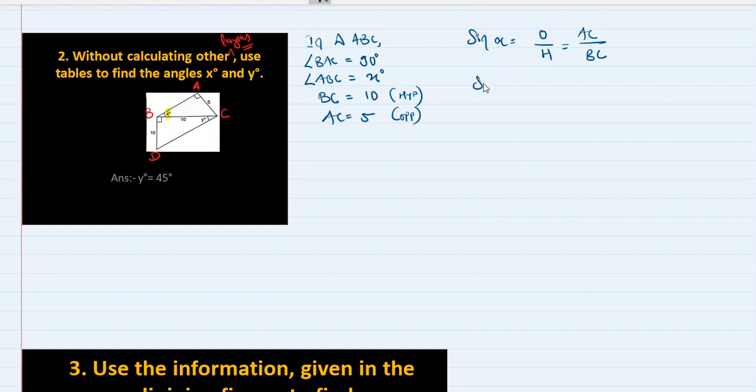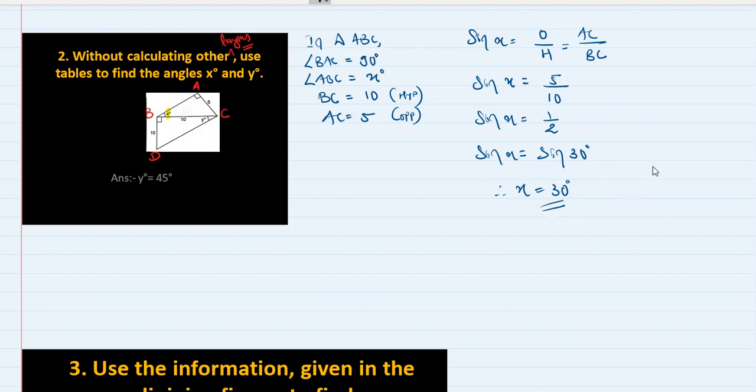Sine of angle X is 5 upon 10, so 1 by 2. In the place of 1 by 2, can I write sine of 30? Yes, sine 30 is 1 by 2, right? So we are using trigonometric tables over here. Therefore, X is equal to 30 degree. So that's how you find the value of X.